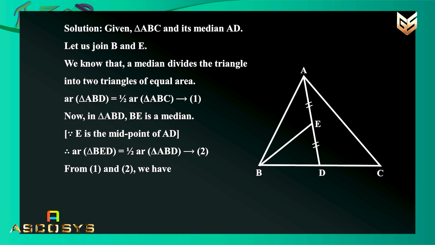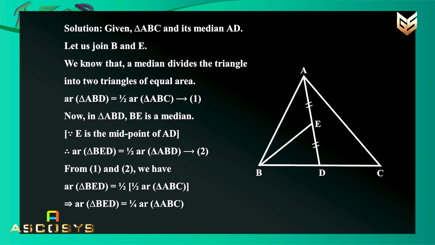Now from equation number 1 and equation number 2, we have area of triangle BED is equal to half into half of area of triangle ABC. So half into half, that means 1/4. So area of triangle BED is equal to 1/4 of the area of triangle ABC.